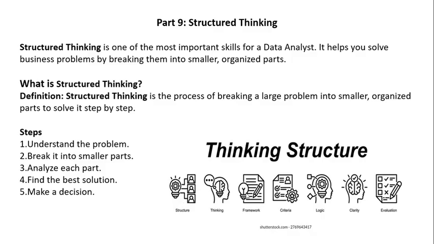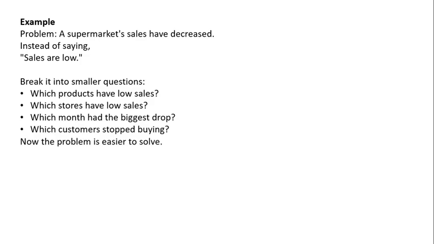Structured thinking frameworks use criteria such as logic, clarity and evaluation. An example problem: a supermarket's sales have decreased. Instead of saying the sales are low, break it into smaller questions: which products have low sales, which stores have low sales, which month had the biggest drop, and which customers have stopped buying. Now the problem is easier to solve.